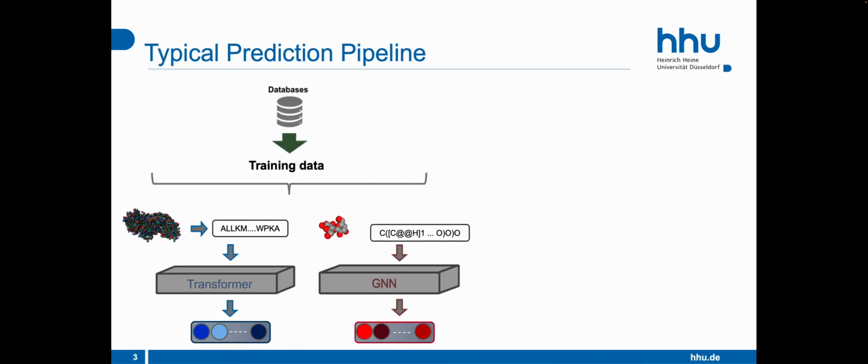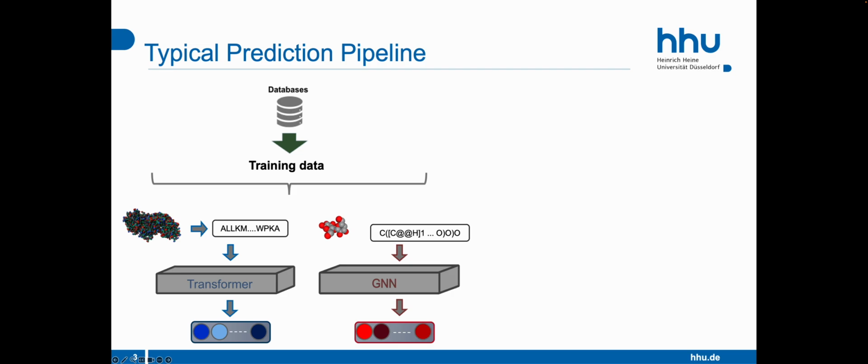On this slide, I'm showing you a typical prediction pipeline for those prediction tasks that involve protein-small molecule interactions. If we want to predict an interaction between a protein and a small molecule, we need a numerical representation of the protein and a numerical representation of the small molecule. We've seen previously how we can achieve this.